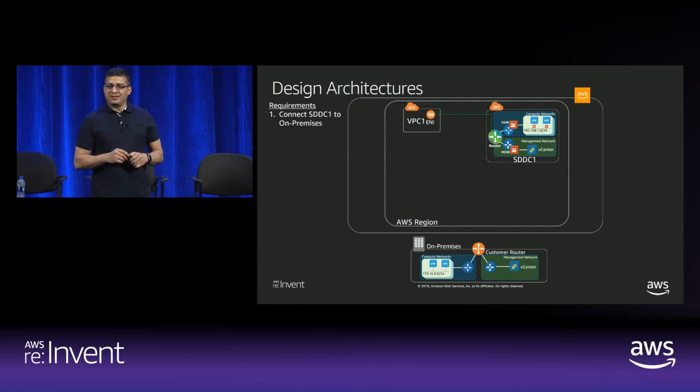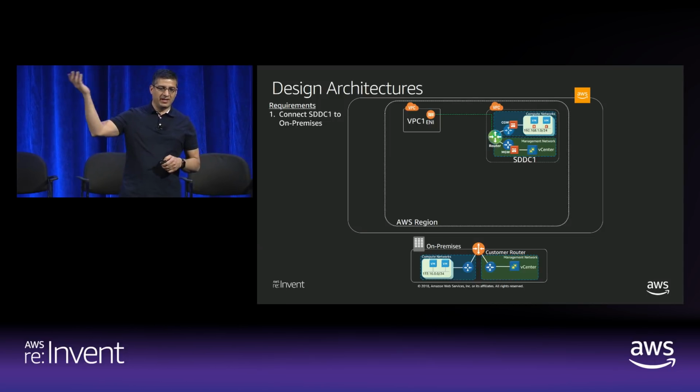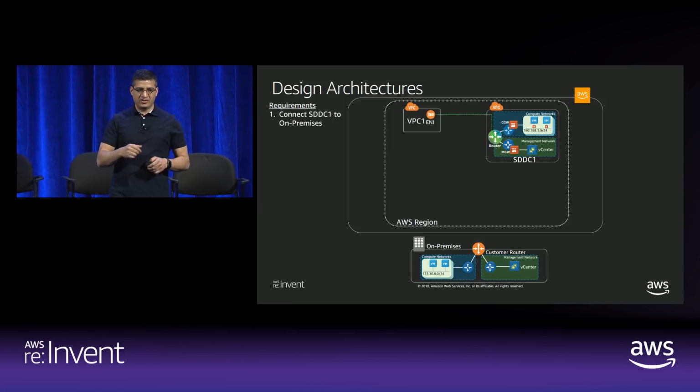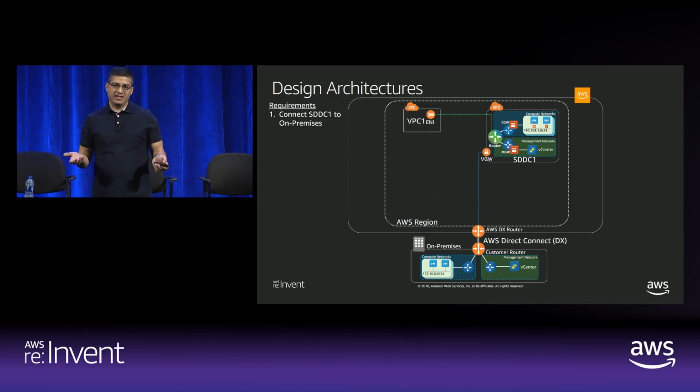Obviously, you have two options here. The first option is, if my on-premises site has internet, I'll just create a VPN using the public IP address of the NSX edge and the public IP address of my edge router on-prem. The second option is that with NSX-T I have full DX support with private VIF.